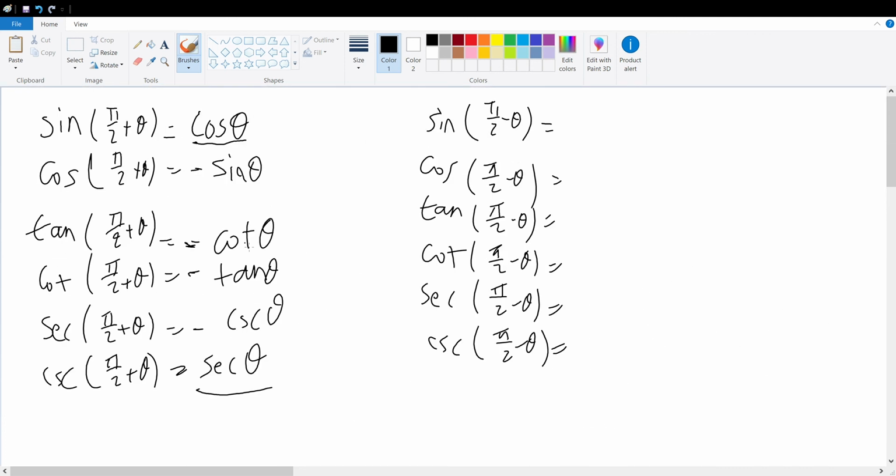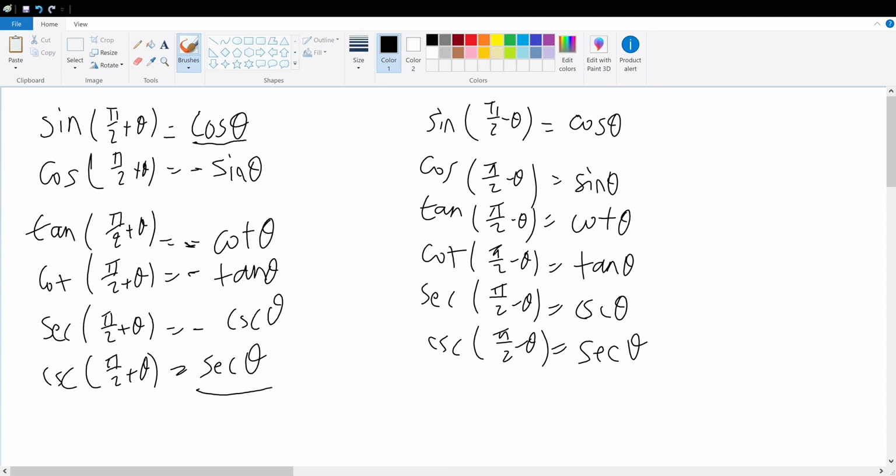The subtraction of theta from pi over 2 will always result in a positive outcome of the resulting function. Therefore, as the complementary property states, we must find the cotrig of the trig of pi over 2 minus theta. So this will be the co of sine, the cosine function; the co of cosine, the sine function; the co of tangent being the cotangent; the co of cotangent being tangent; the co of secant being cosecant; and the co of cosecant being secant of theta.